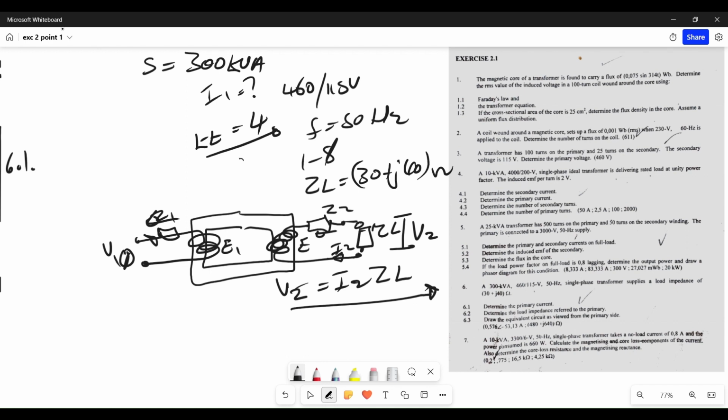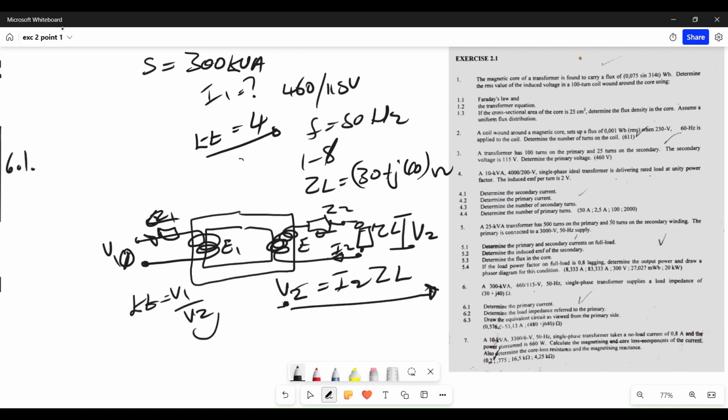It's easy for me to say V2 because from the load side I'm solving using V2. For me to transform V2 to the other side, it has to be in line with V1. KT is equal to V1 over V2. I cannot say E1, E2. This is V2 in this case.